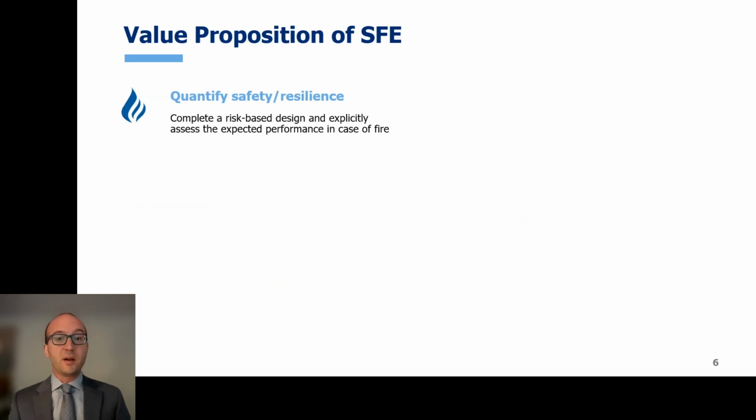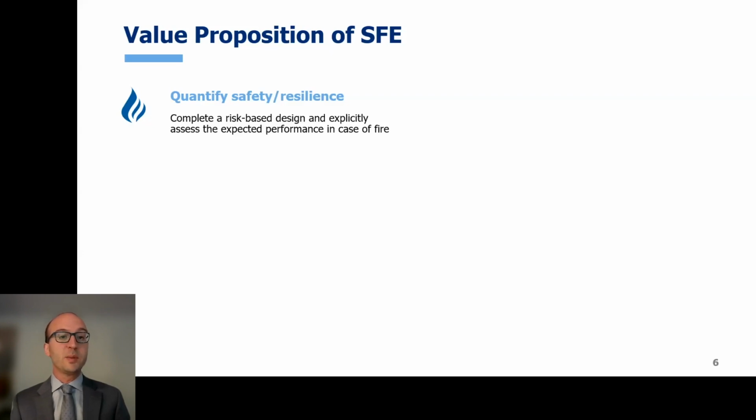Performance-based design for structural fire engineering to address fire loading can bring value in a number of projects or situations. For example, I list a number of situations here where engineers would want or would need to resort to an explicit assessment of the response in case of fire. One example is if we want to quantify the safety of a design against fire.